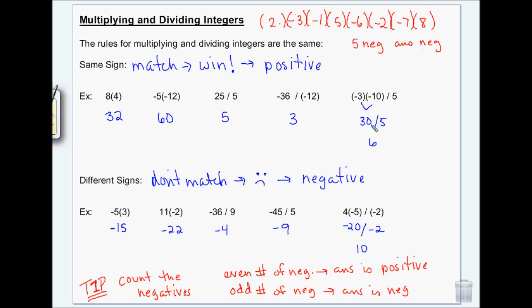Once you know which sign your answer is going to be, you can ignore all those negatives and just concentrate on multiplying 2 times 3 times 1 times 5 times 6 times 2 times 7 times 8. Then whatever number you get, just put a negative in front of it. It saves you having to deal with all the negatives throughout the whole thing as you go. It's a time saver.